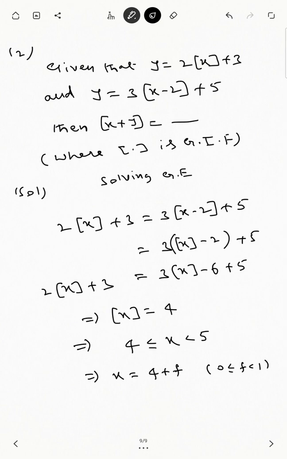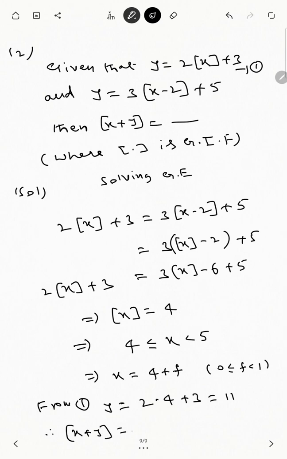From equation 1, substitute there: y is equal to 2 into integer part of x, which is 4, plus 3. We are getting y is equal to 11. So finally what to find there? Integer part of x plus y.